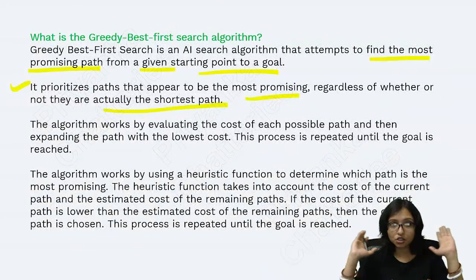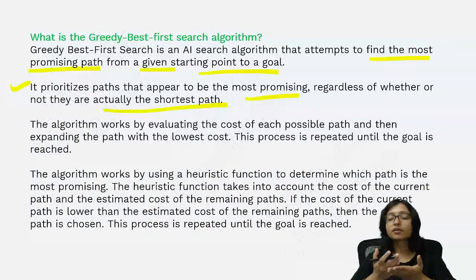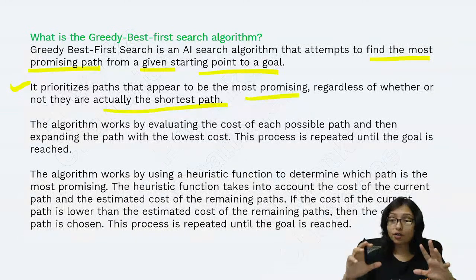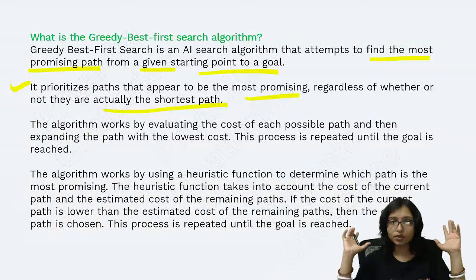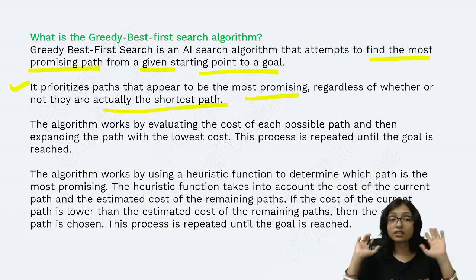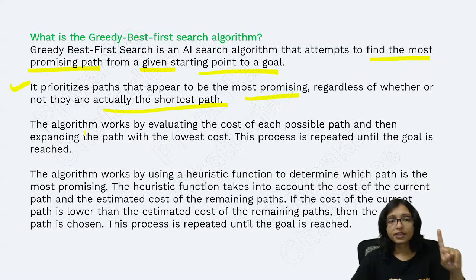It will search all the possible solutions, and out of them the one which is minimized, that it will take, right? Out of them, the best one, the minimized one, is what it is going to take. That is the main concept of greedy. That's why it is called greedy. The algorithm works by evaluating the cost of each possible path, then expanding the path with the lowest cost.